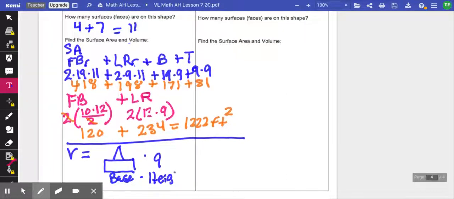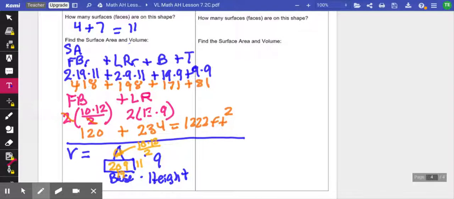Okay, so I just have to figure out what the area of this little guy was. So this was 19 by 11 on the rectangle part. So here that was 209. And the triangle had a base of 10 and a height of 12, and I have to divide by 2. So that was 60.